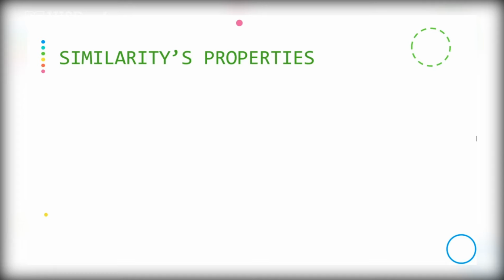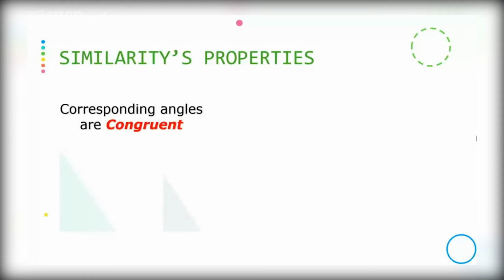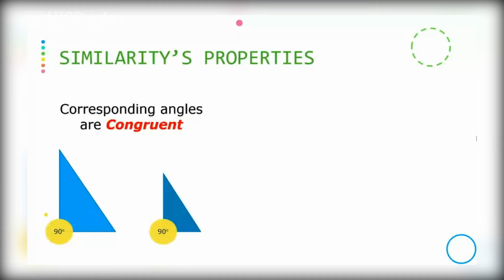Before we can properly execute the problem of similar shapes, we are going to be talking about two key properties of similarity. The first one is that the corresponding angles of two shapes that are similar have to be congruent. And congruent just means that they have to be exactly the same measurement.